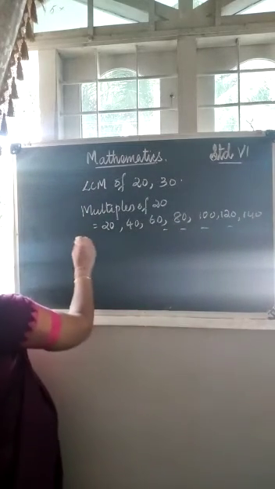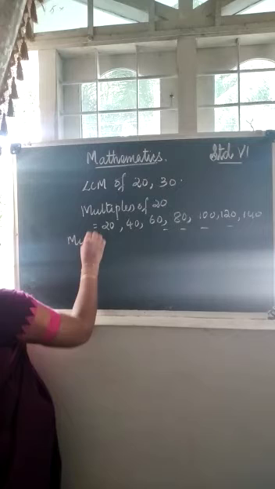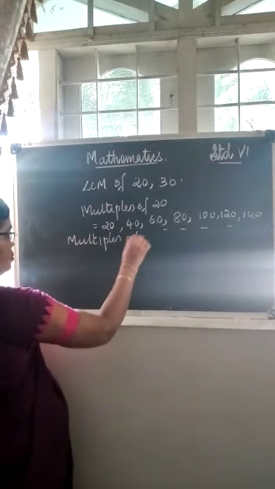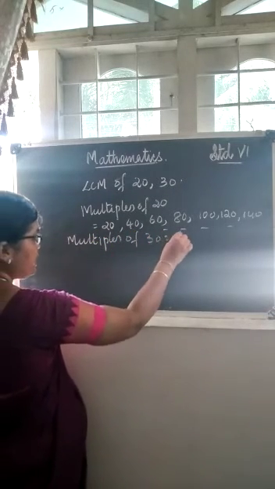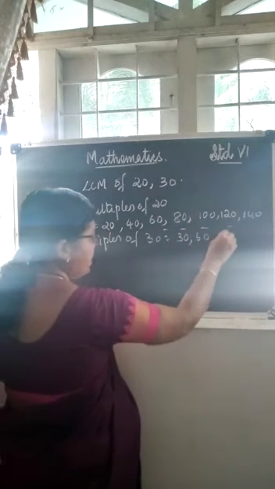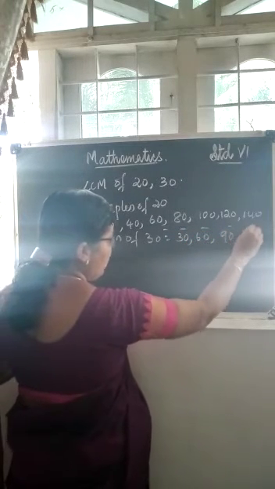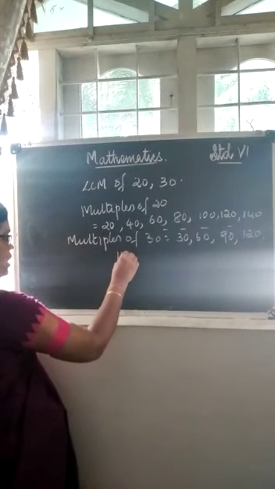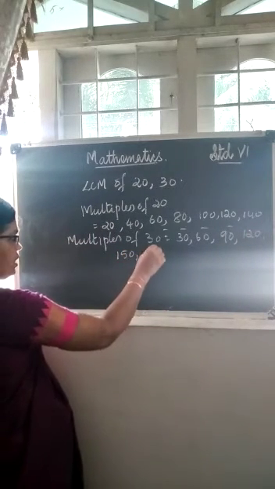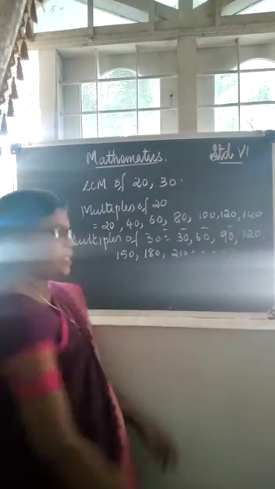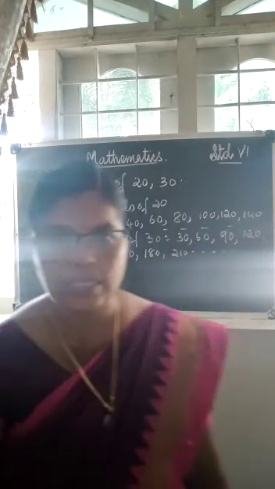Next, write the multiples of 30. 30 ones are 30, 30 twos are 60, 30 threes are 90, 30 fours are 120, then 30 fives are 150, then 180, 210, it goes on like this. So for 20 and 30 also it is quite easy to write.